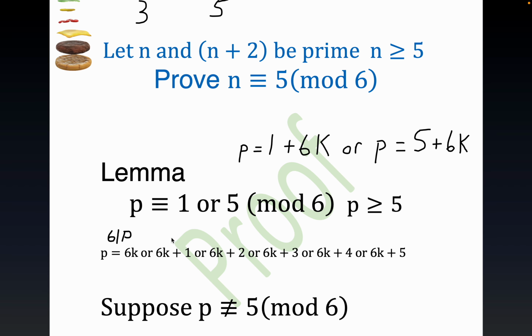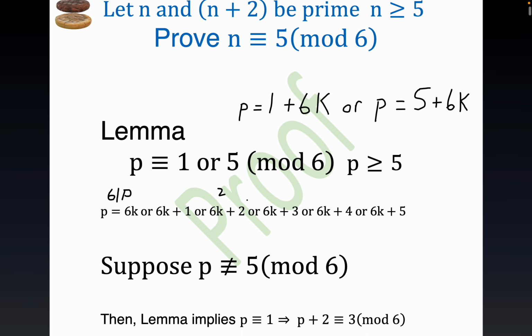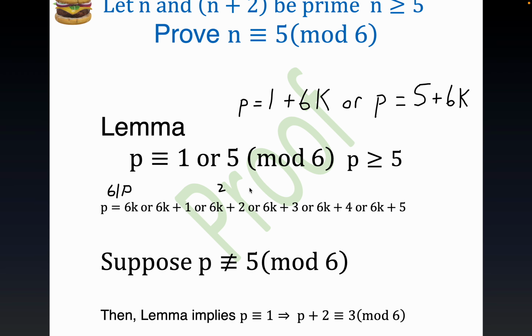Now right here, no problems. This is a possibility. But notice right here, p would be divisible by 2, so we'd have to rule out that case. Again, I'm saying p is equal to either 6k or 6k plus 1.